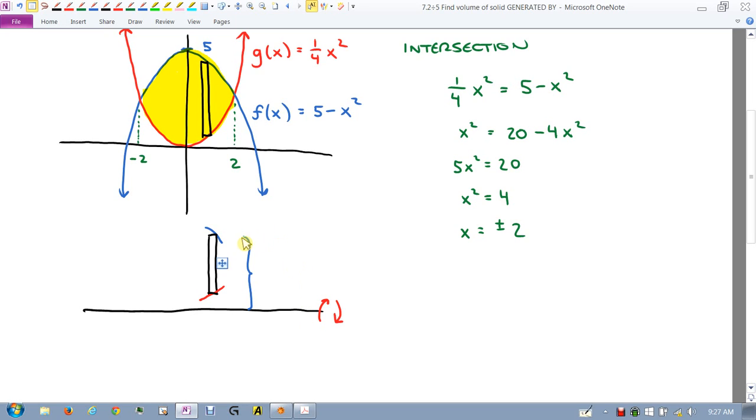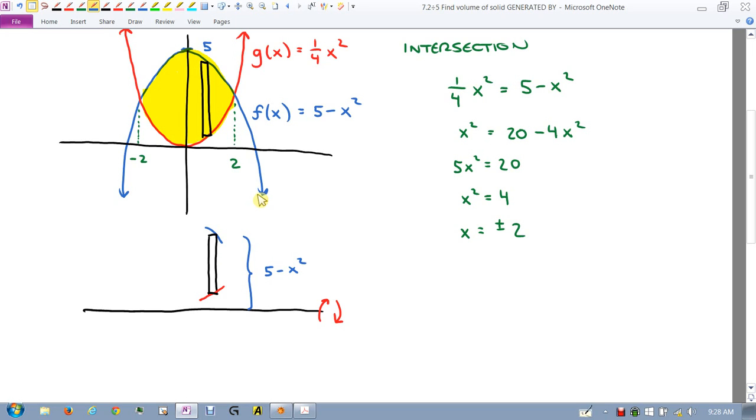This distance from the outer edge of my rectangle to the axis of rotation. We're interested in the outer radius, right? The distance from this edge to my axis of rotation, which turns out to just be the f function. That's all it is. This is f. So this is the 5 minus x squared.